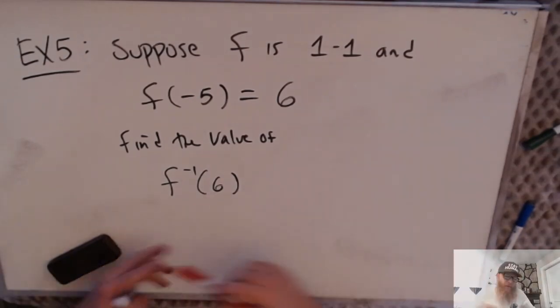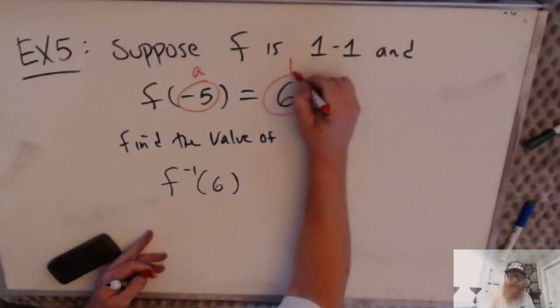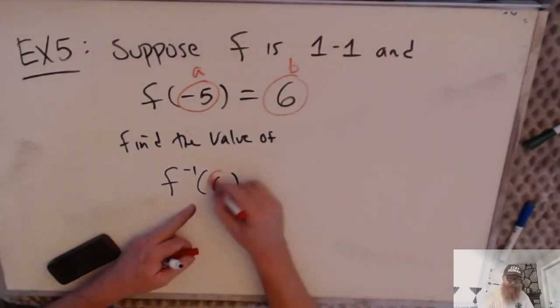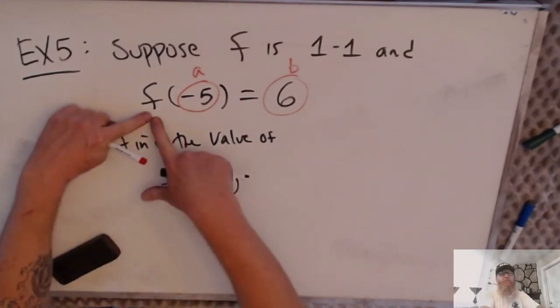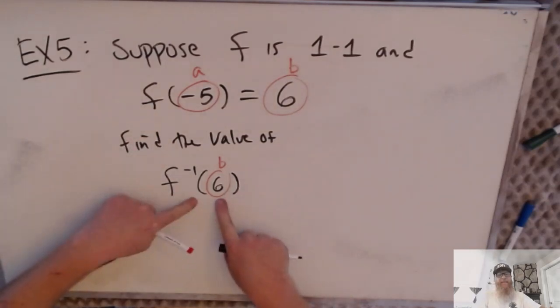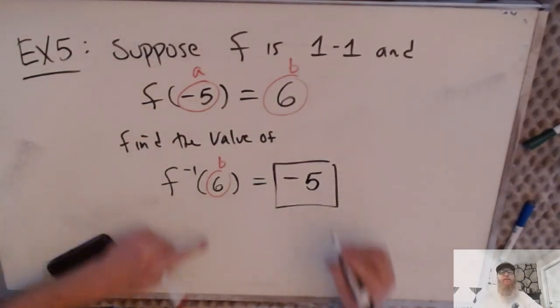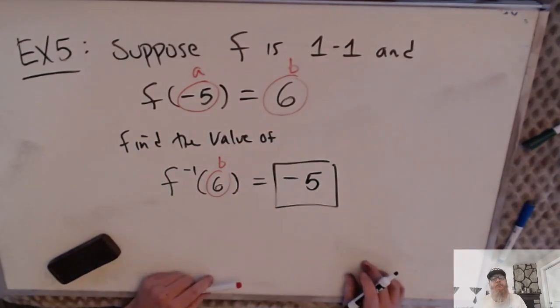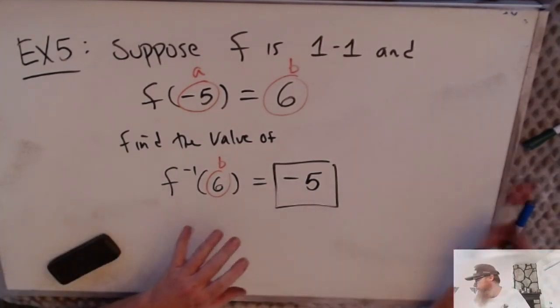All right, well, -5 is our A, 6 is our B. So using the definition, if the function sends -5 to the value 6, then the inverse function sends 6 back to -5. And you're looking at me like, is it really that simple? And I'm saying, yes, it really is that simple. For now.